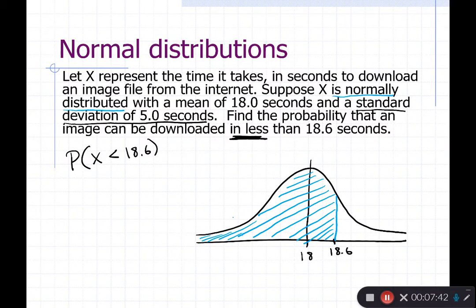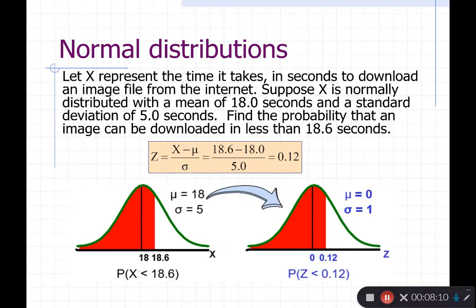You can always work with X values, in which case you keep the mean and you keep the standard deviation, or you could convert to z-scores. So you could use the non-standard normal distribution, or you could use the standard normal distribution.